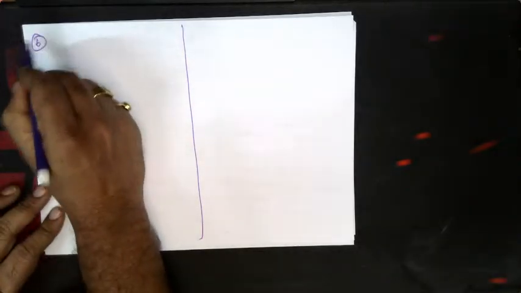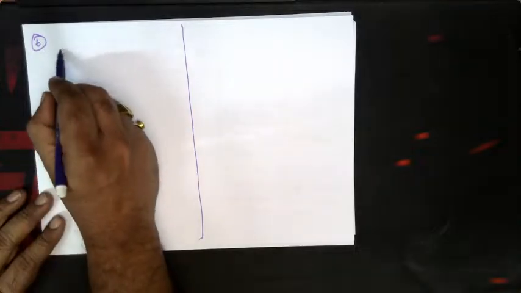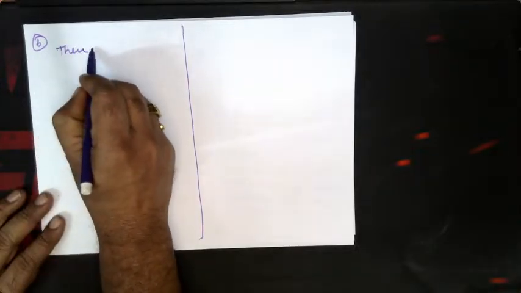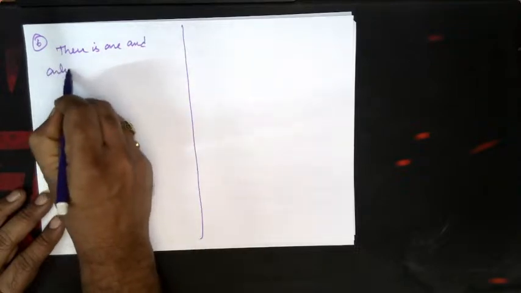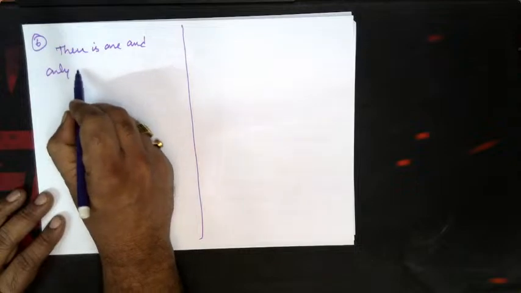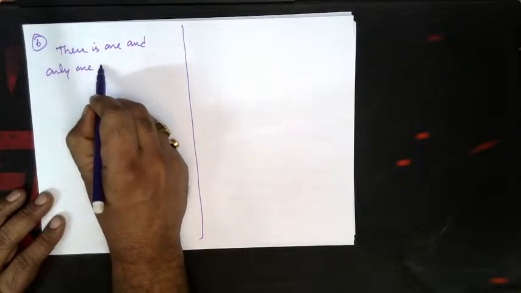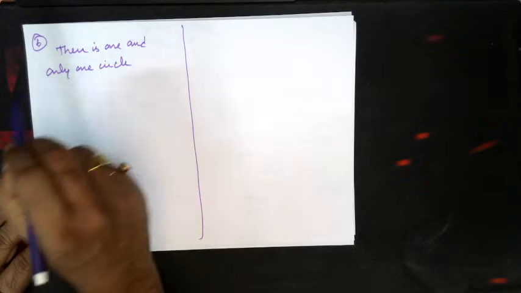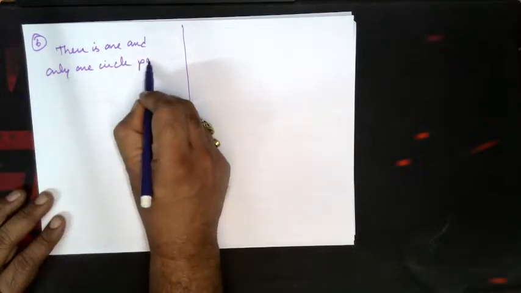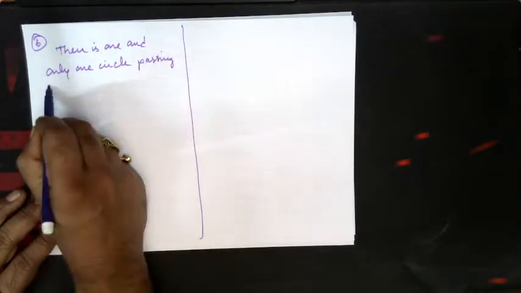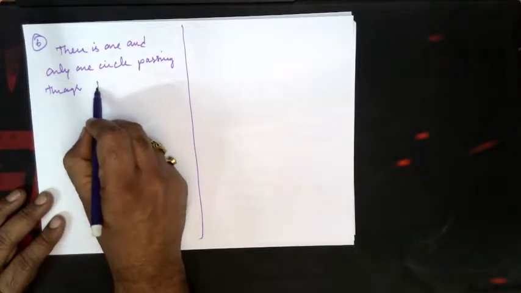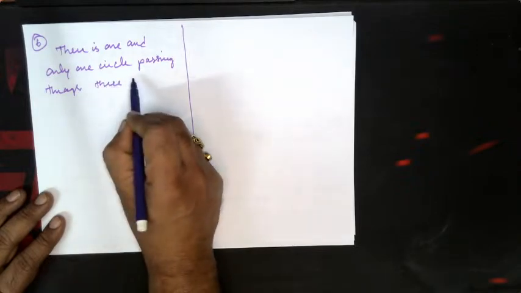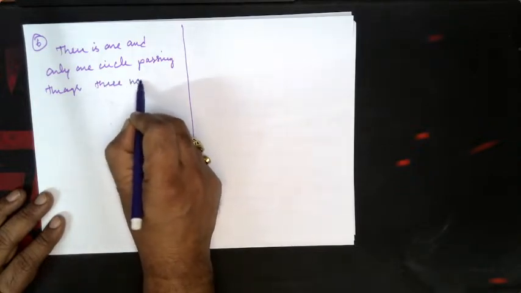Sixth theorem. There is one and only one circle passing through three non-collinear points.